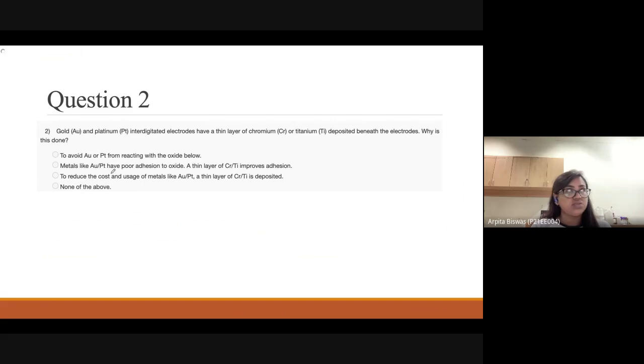And the third option is to reduce the cost of usage of metals like Au, Pt, a thin layer of chromium and titanium is deposited. And the last option is none of the above. So please go through the question carefully and try to give the right answer.